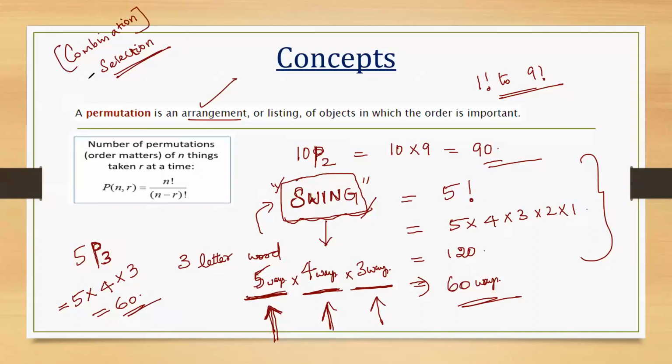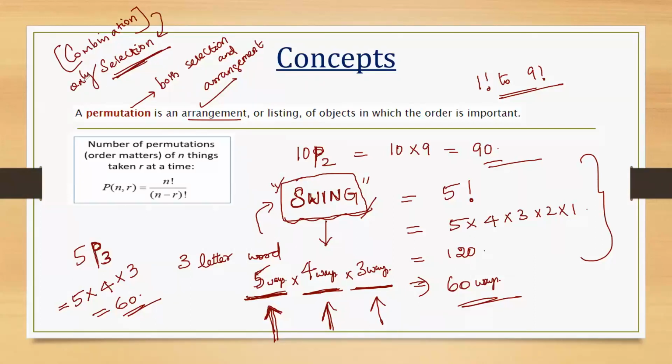Is it clear? Permutation is nothing but both selection and arrangement. But in combination, we have only selection.